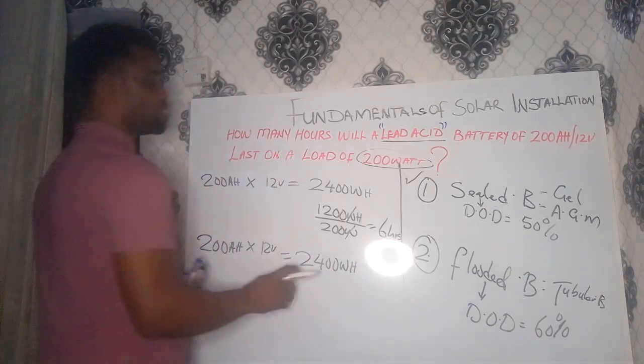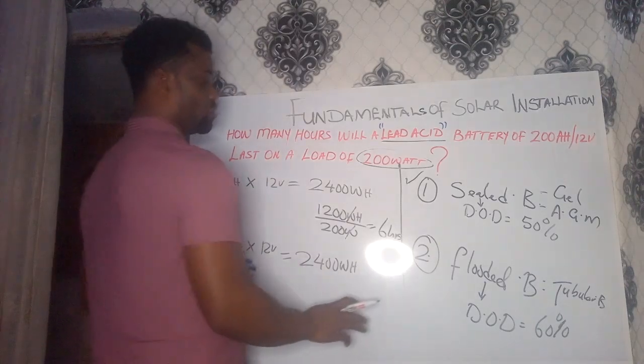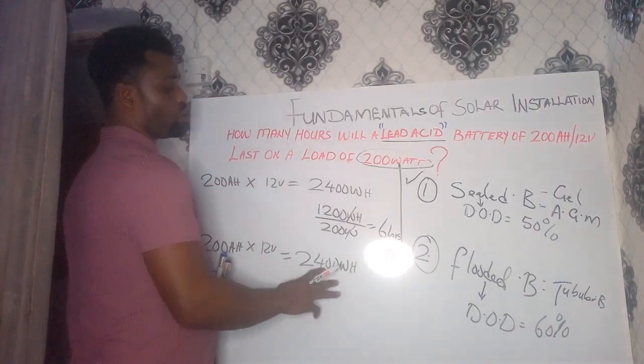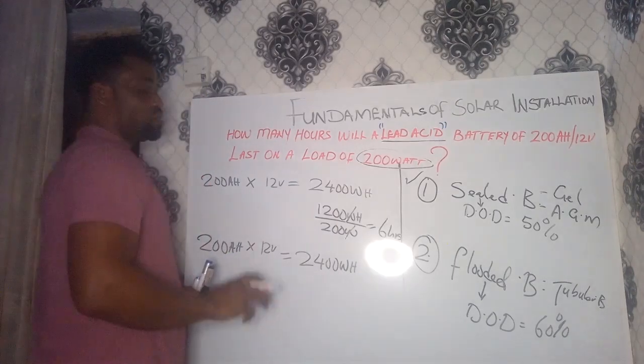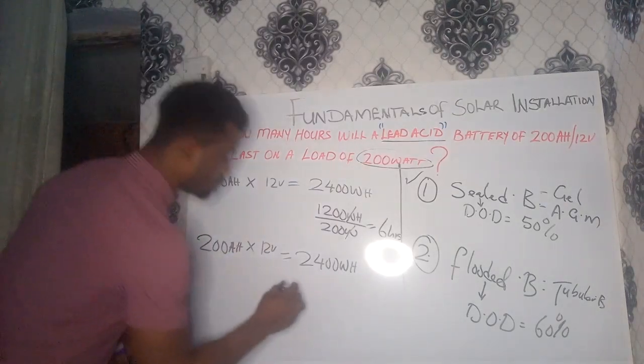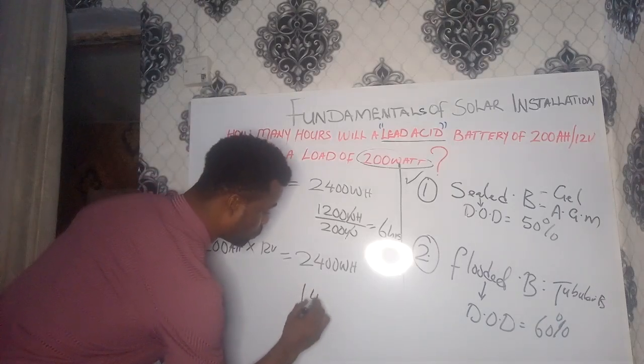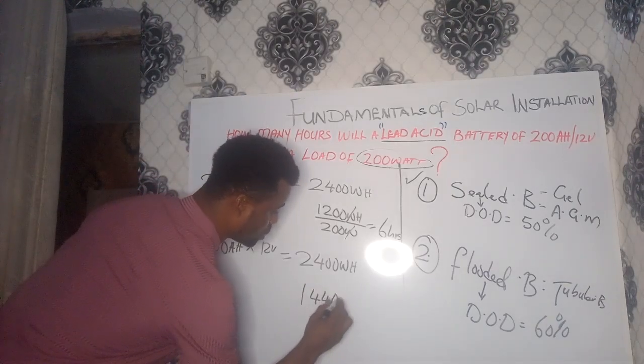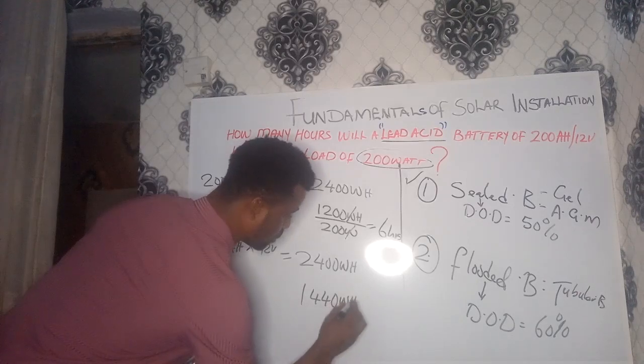So what's the 60% of 2400 watt hour? It is 1440 watt hour.